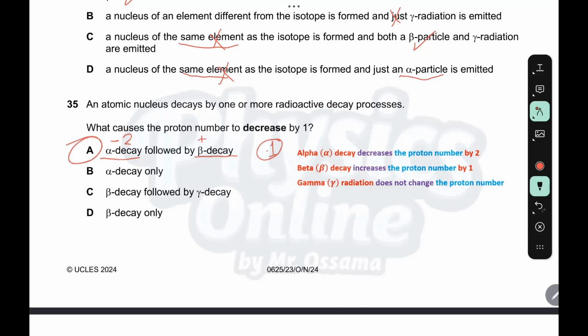Alpha decay only: the proton number decreases by 2. Beta decay increases the proton number by 1. Beta decay only, also by 1. So the answer is A. Alpha decay will decrease the proton number by 2, and beta decay will increase the proton number by 1. So the answer is A.